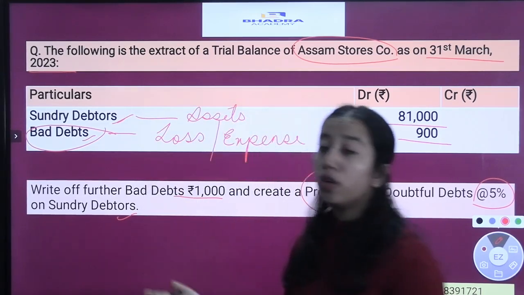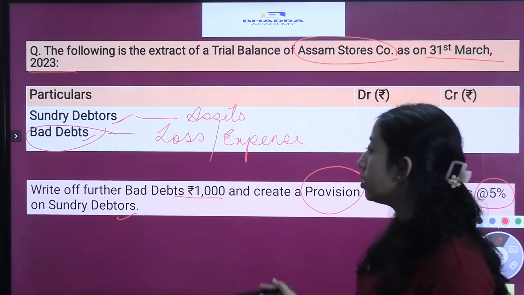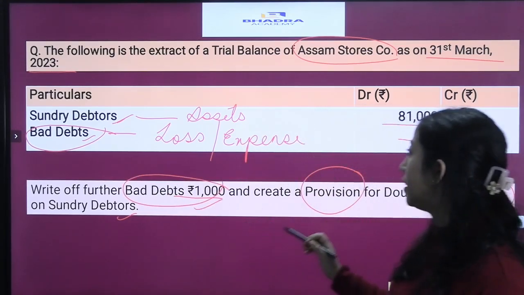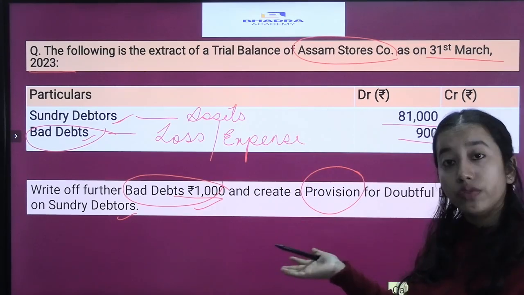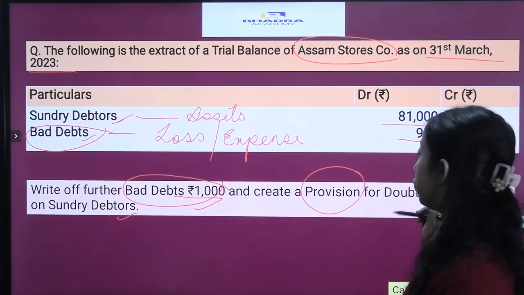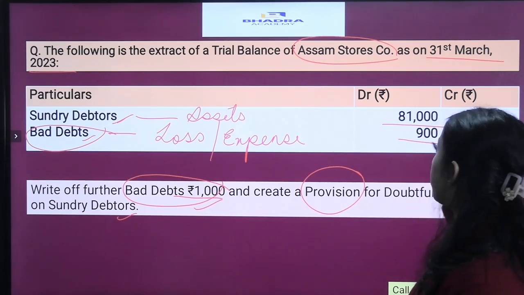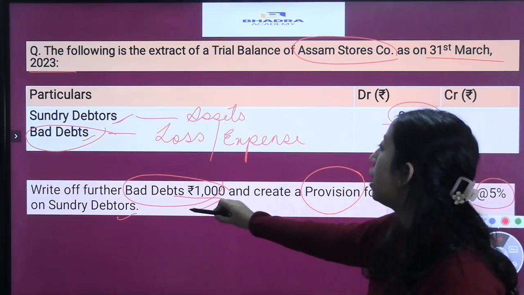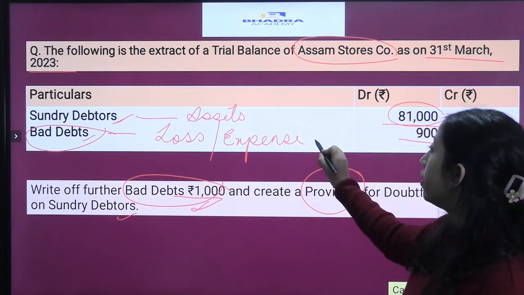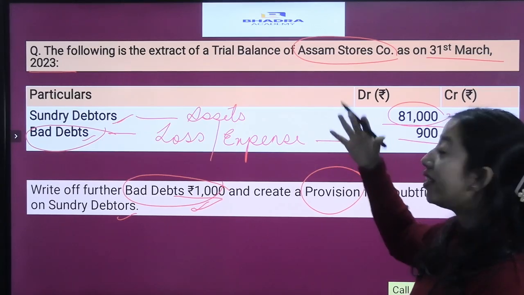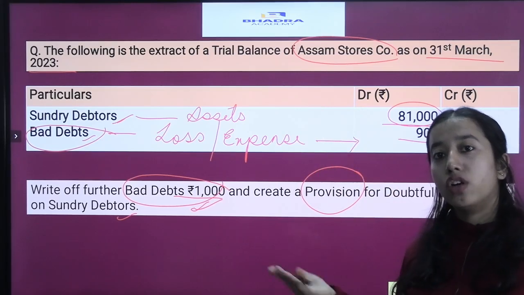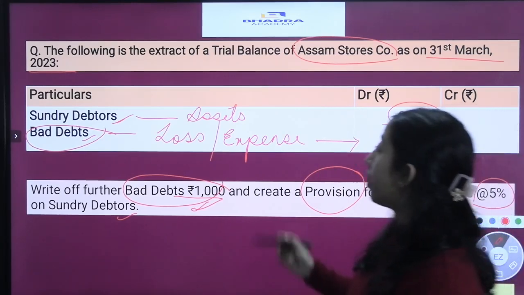So, if we go by the rules of accounting, it is asked to write off further bad debts. To write off bad debts, we have to increase by 1000. That means from 81,000 we have to create a further 1000 of bad debts. That means the losses will increase, and when an expense or loss is increased, debit is done.